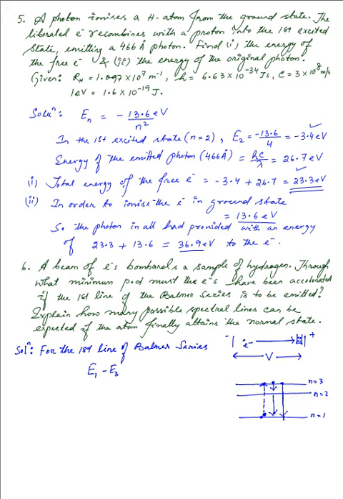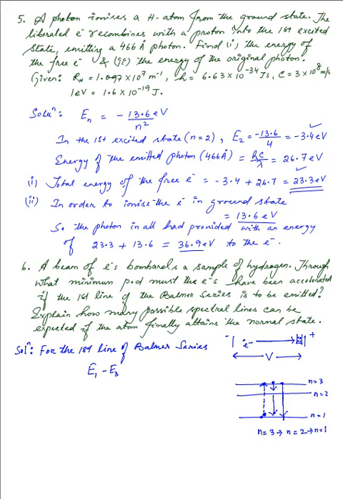So here we already have the second part of the question, which asks how many possible spectral lines can be expected if the atom finally attains the normal state, which is the ground state. There are three possible ways. First, from n is equal to 3 to n is equal to 2, then from n is equal to 2 to n is equal to 1.